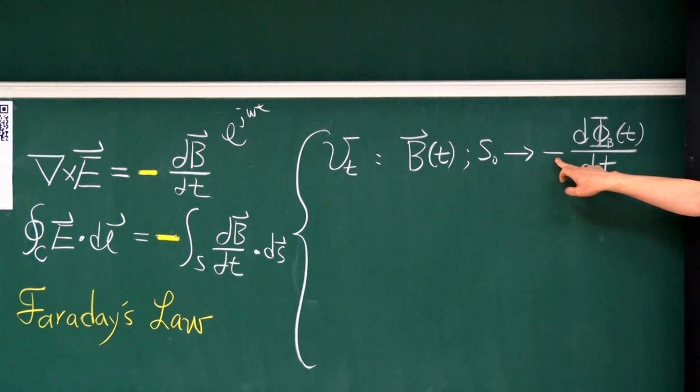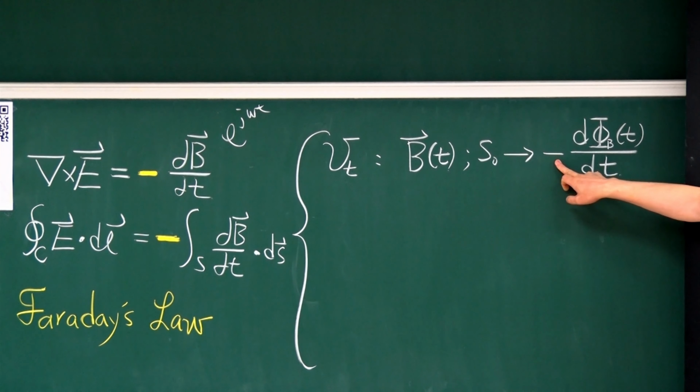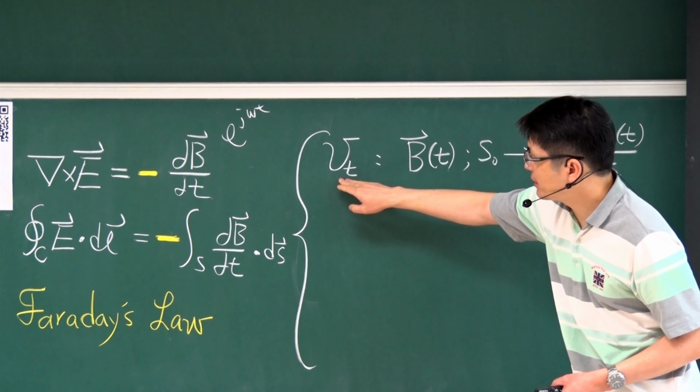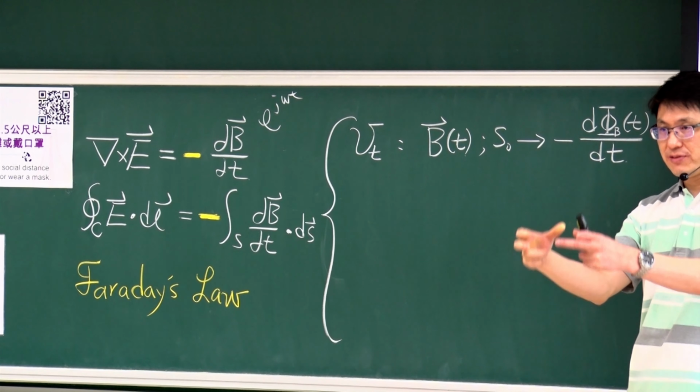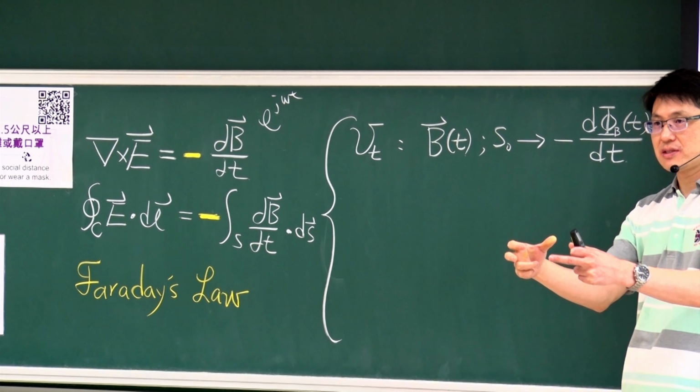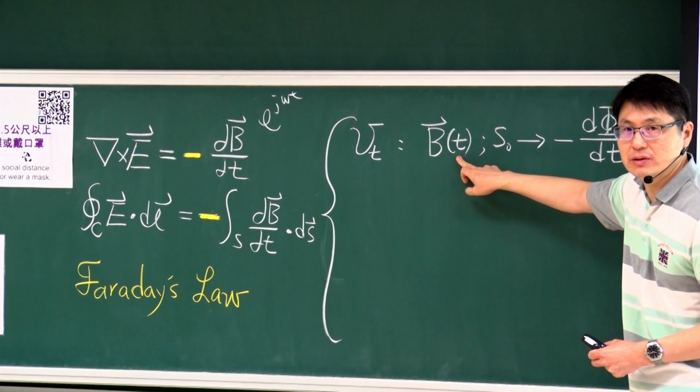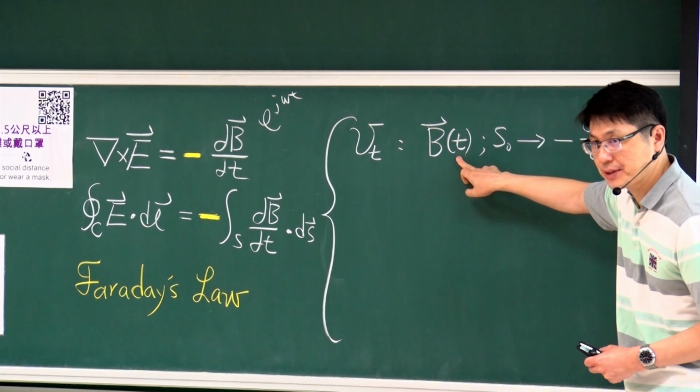And still remember, you have to include this negative sign, right? So basically, transformer EMF, your circuit is fixed. It's not changing. It's not moving. It's only the field that's changing, right?